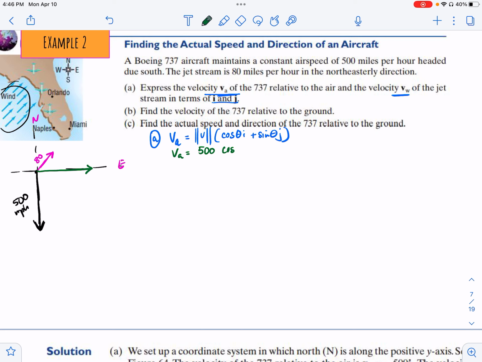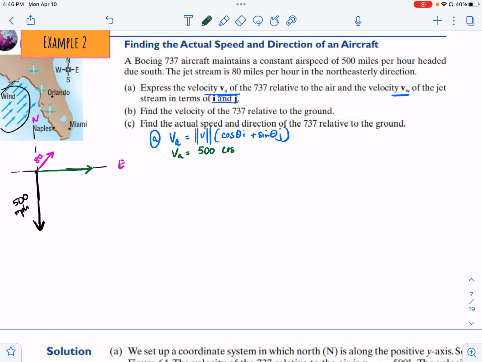So 80 root 2 over 2 i, plus 80 root 2 over 2 j. 80 over 2 can be simplified, so we have 40 root 2 i plus 40 root 2 j. And I have expressed the wind factor also as a vector. So here's the second one. Okay, that takes care of the first part.